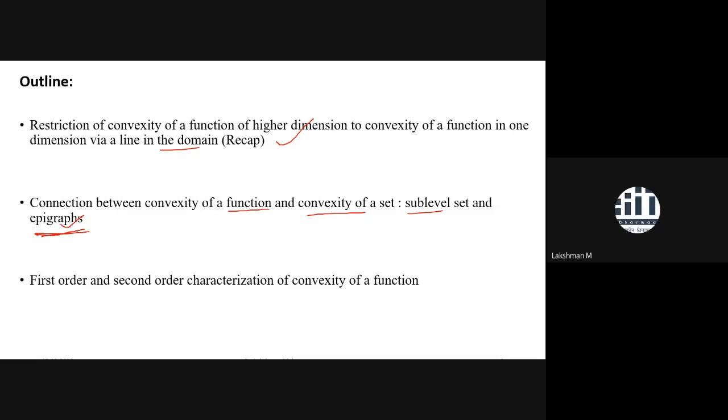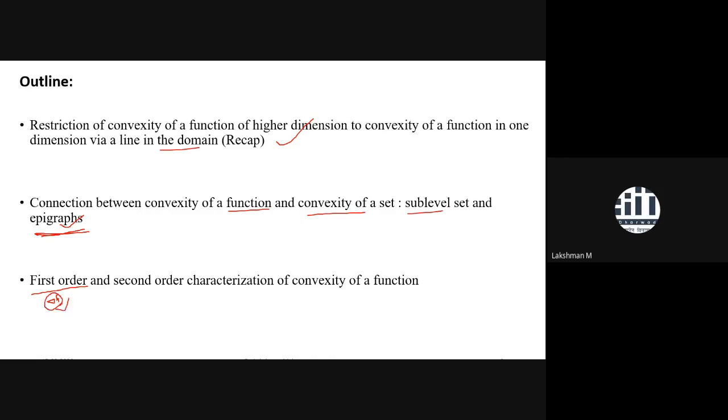But again, all these are geometric. So what is the practical thing? There are two characterizations of convexity of a function with respect to differentiation. One we call the first order characterization, defined with respect to the tangent hyperplane. That involves the first order Taylor approximation, which involves the gradient.